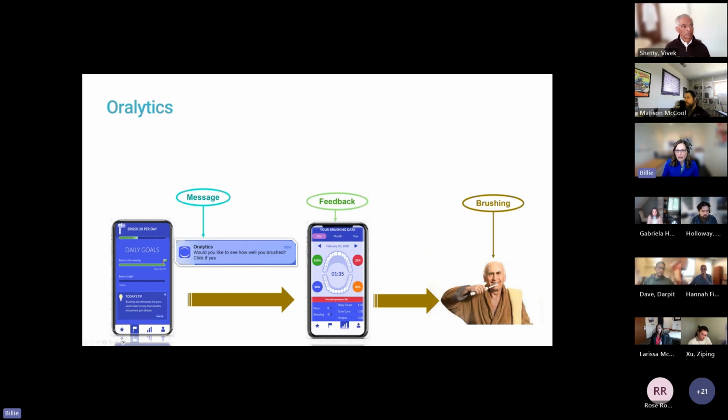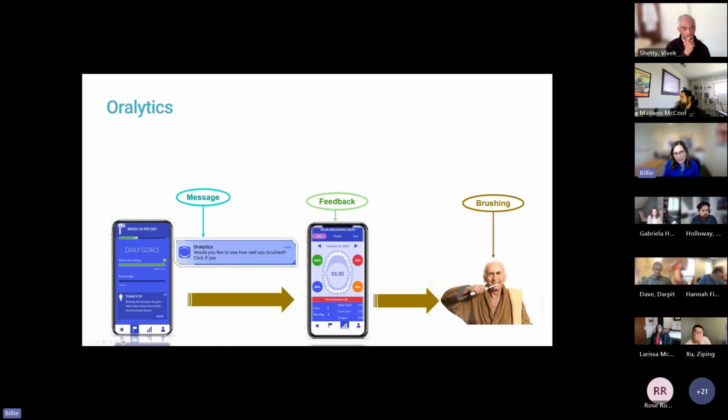But to do that, we expect them to engage with the message. They will need to pay attention to the message. They will need to read the message. They will need to click on the message to access the feedback in the app. And then they will need to pay attention to the feedback in the app, process this information, make sense of it, and then use it to improve their brushing behaviors.